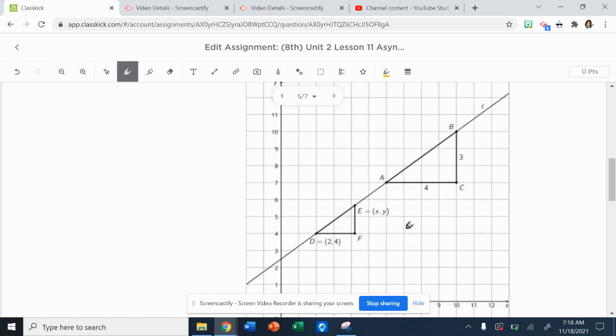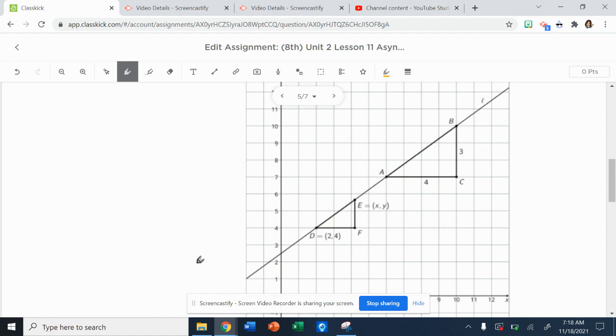And we can do the same thing in the second picture. Go ahead and pause this video and try to label the horizontal and vertical side lengths. They're both y minus something and x minus something.